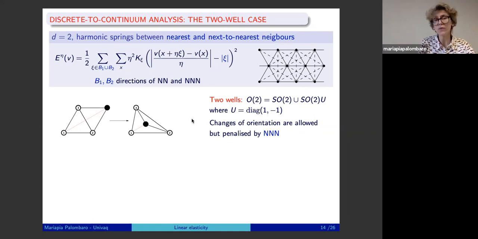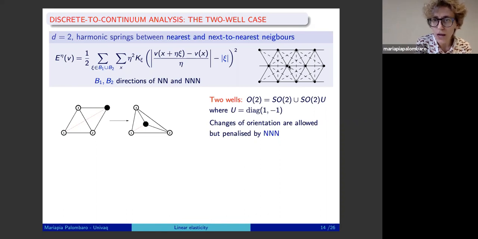So in order to have compactness, and in order to prevent too much folding of the lattice, we need to incorporate into the energy the effects of next-to-nearest neighbor interactions. So here, the sum runs over nearest neighbor directions, which is B1, and B2 is the set of next-to-nearest neighbor directions.